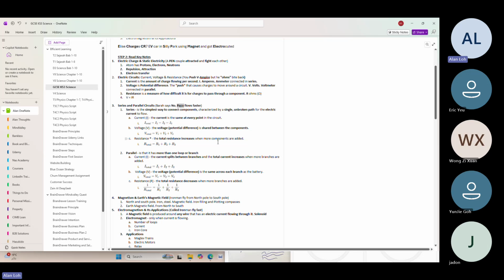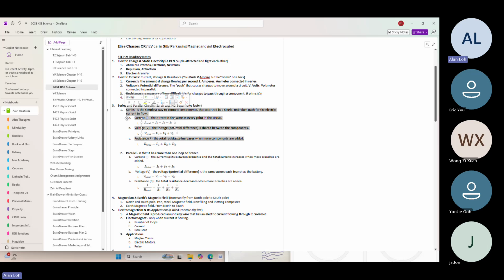No represents something negative. So series is something that we try to avoid. And also, when you add in more components, every component will have its resistance. The resistance increases. So resistance is also something that is negative. When the resistance is increasing, that is something not good. So Sarah says no. That is to explain a little bit about what is inside drawer number 3 and sub-drawer series.